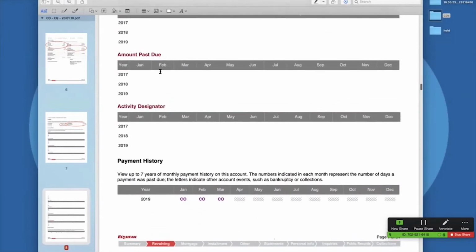Now, you would think that amount past due, some of you on your reports may show an amount past due as part of that collection, but because it's charged off, and it's accurately charged off, there's no amount past due. Some of you are going to run into a situation, and be aware of it. If it continues to say $1,300 past due, it may not have been charged off yet.